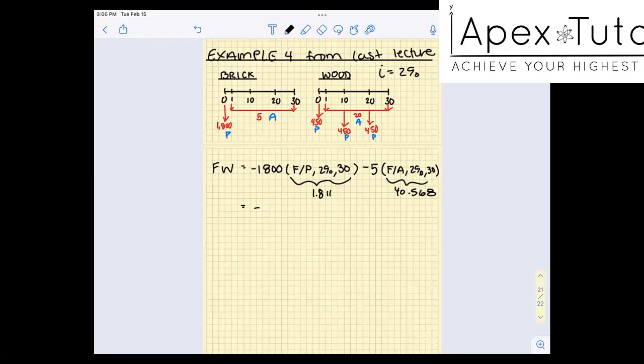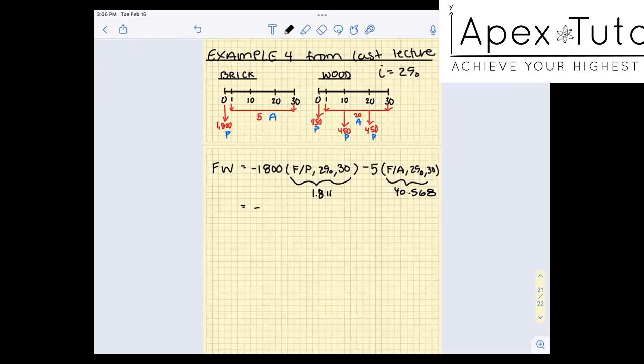That was from the previous lecture when we drew out the cash flow diagrams for brick and wood. So go back to your old lecture when we were just practicing drawing cash flow diagrams. That's the problem statement. It said the operations and maintenance costs $5 every year for 30 years. So we're just doing this first brick cash flow diagram, right?